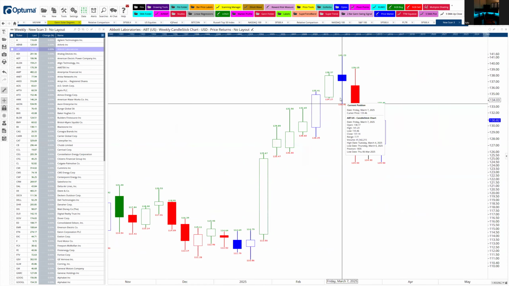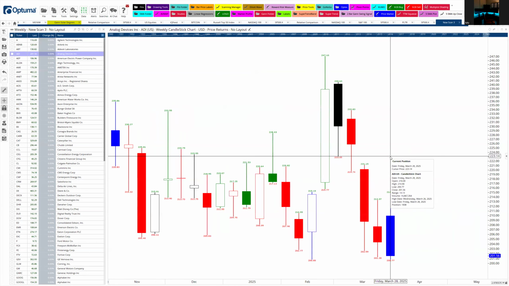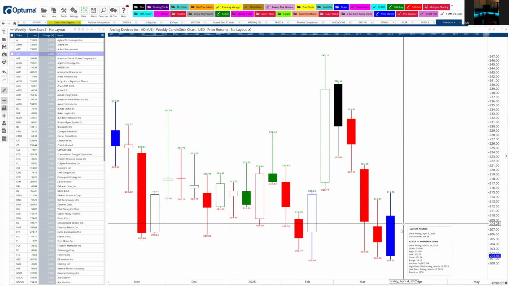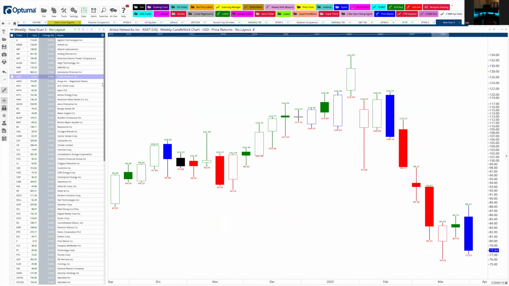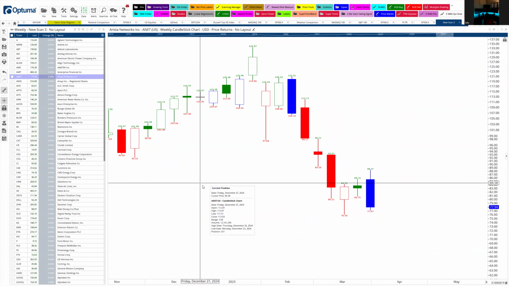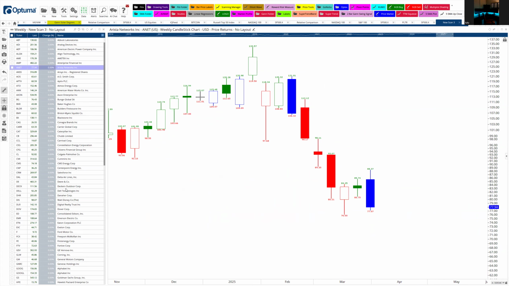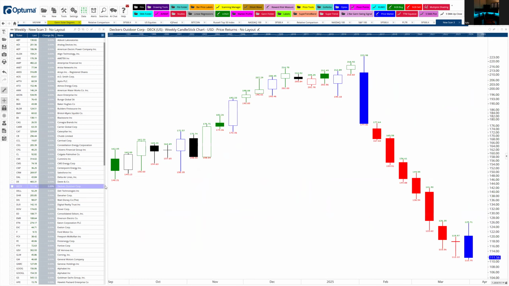When was the last time you actually saw a green weekly bar? There are so many. All of these stocks, Arista Networks, they all closed with an outside weekly bar. It's a huge number.